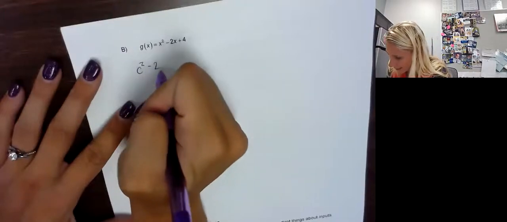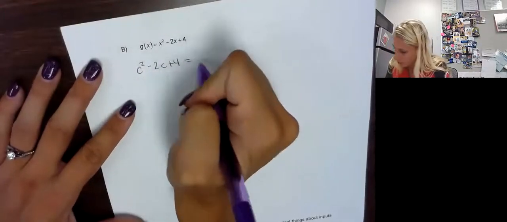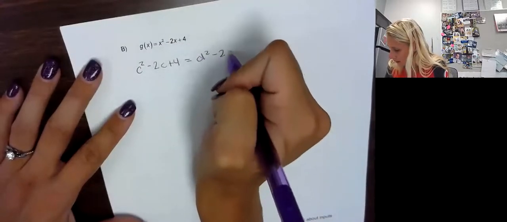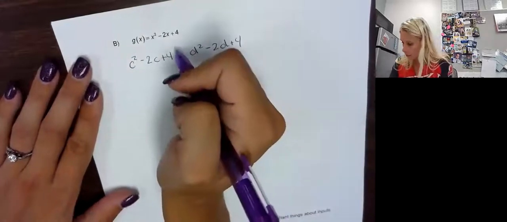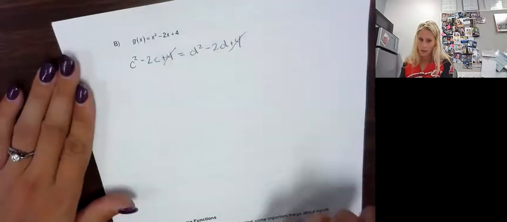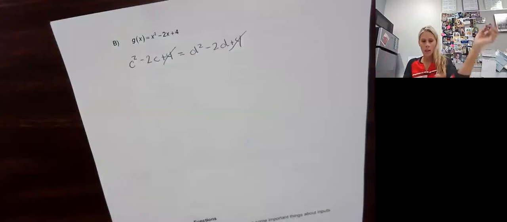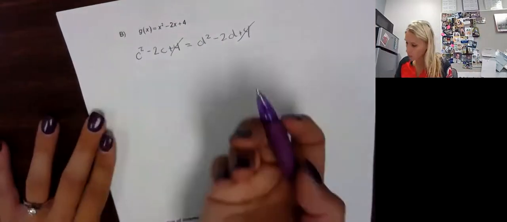Okay, so c squared minus 2c plus 4 equals d squared minus 2d plus 4. Well, obviously the 4's cancel, right? So let's get rid of the 4's. Now, how are we actually going to solve for this? Well, first of all, we want to move everything to one side.